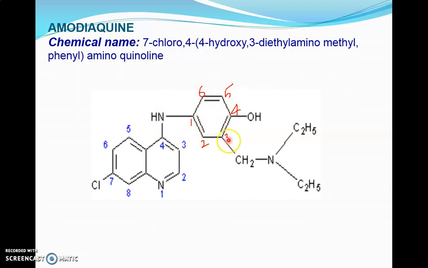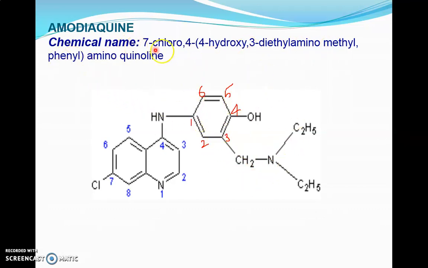On the 3rd position of the phenyl there is a diethylaminomethyl, and on the 4th position there is a hydroxy. So we'll write in a bracket 4-hydroxy, then 3-diethylaminomethyl, both attached on the phenyl.